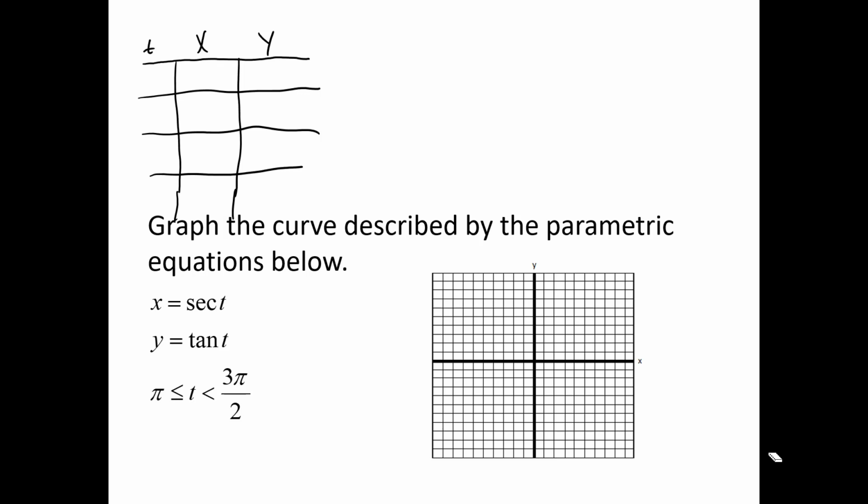So if we start at pi, secant is 1 over the cosine. Cosine of pi is -1. The reciprocal is still -1. The tangent of pi is 0. And then we'll go to pi plus pi over 4, which is 5 pi over 4.